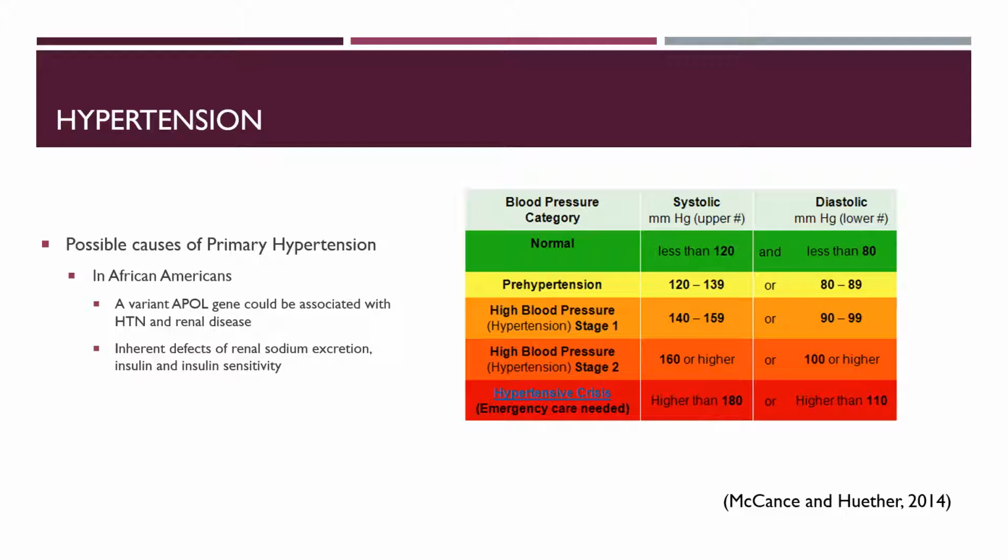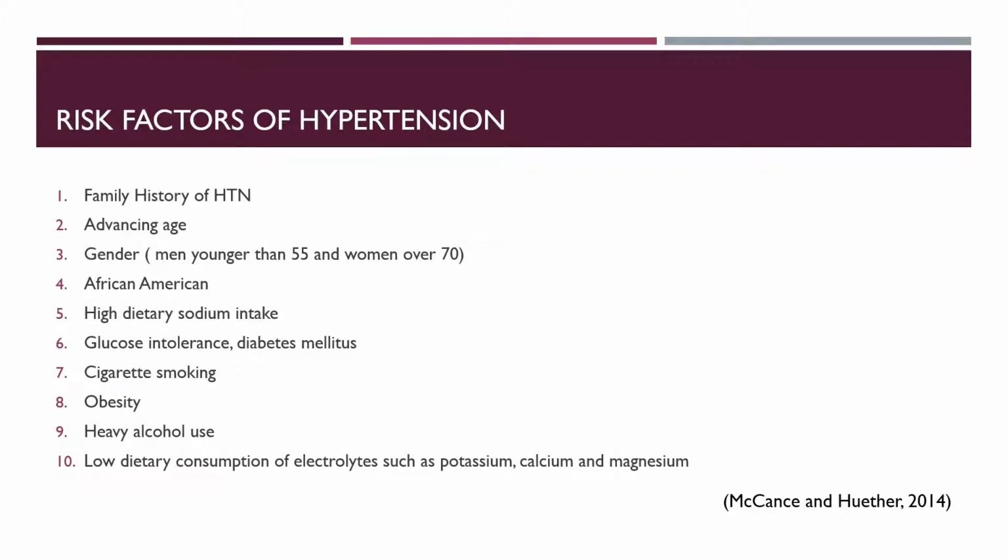The risk factors for hypertension include family history of hypertension, in which EW's mom and dad both had hypertension, advancing age, EW is in his 40s, gender, men younger than 55 and women over 70, EW is a man about 40 years old, being African American, having a high dietary sodium intake, glucose intolerance or diabetes, cigarette smoking, in which EW stopped smoking 1 year ago, obesity, in which EW has a BMI of 31.0, and heavy alcohol use.